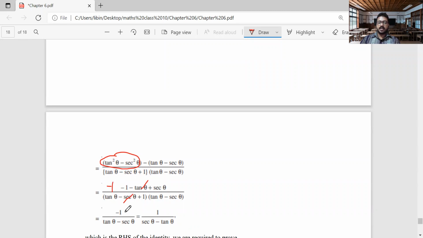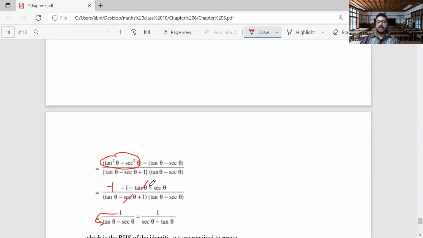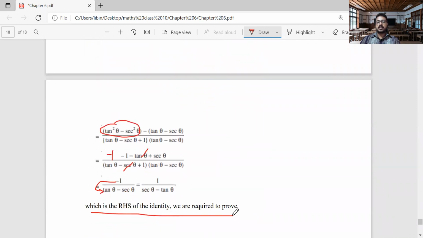That is why we have written here minus 1 divided by tan theta minus sec theta, and when this minus 1 is taken to the denominator, we can write 1 divided by sec theta minus tan theta. That is what we want to prove. So we have proved the RHS of the identity.